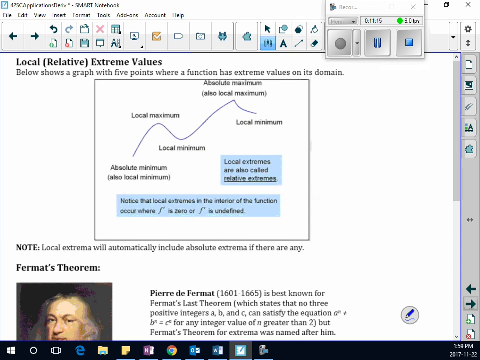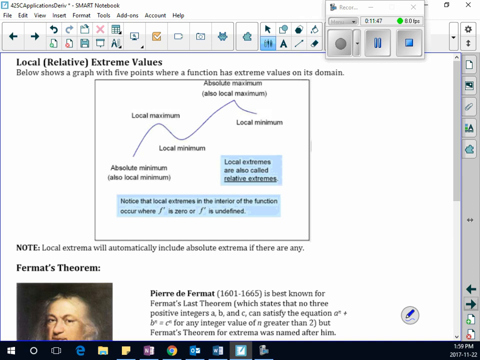Local extreme values. So you need to know these terms here. Below shows a graph with 5 points where a function has extreme values on its domain. So there's local maxes and mins, and there's absolute maxes and mins, right? So an absolute minimum can also be a local minimum, and an absolute maximum can also be a local maximum as well.